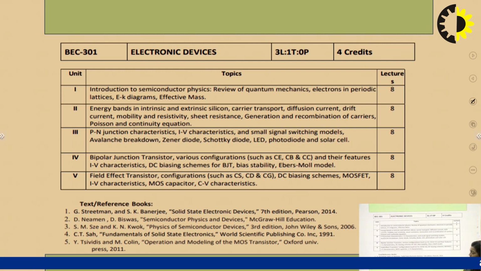Then we have Neamen's Semiconductor Physics and Devices for unit 1, and for unit 4 and unit 5 I recommend the Physics of Semiconductor Devices by Sze, or you can also use Operation and Modeling of the MOS Transistor by Tsividis and McAndrew.